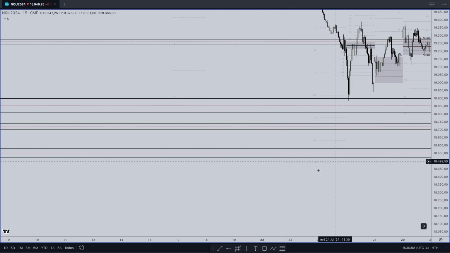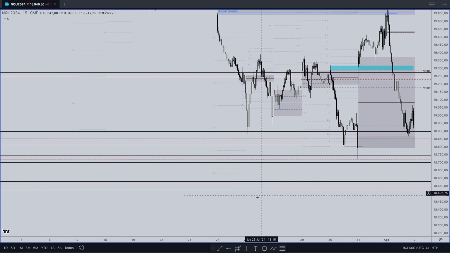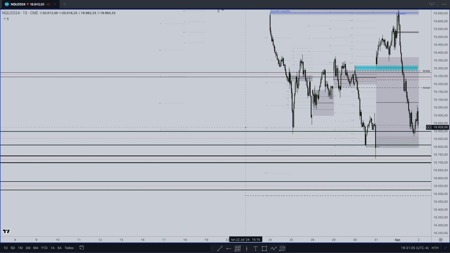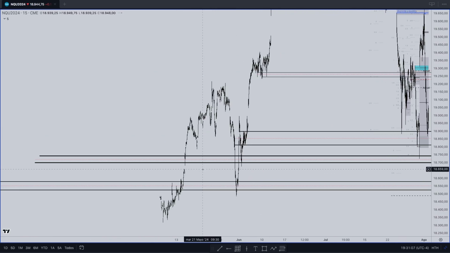So this is a key level that we want to see. Let's see if we want to take these levels, because look, all the gaps are holding price right here.